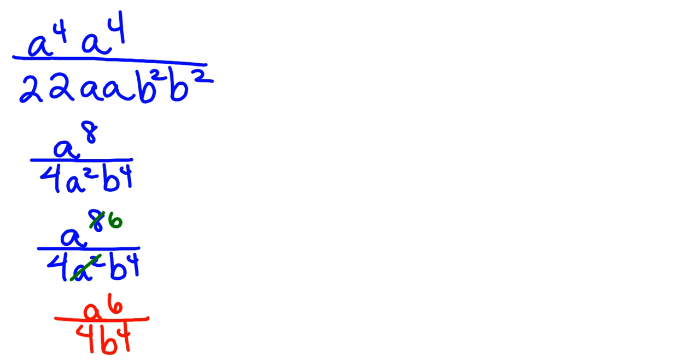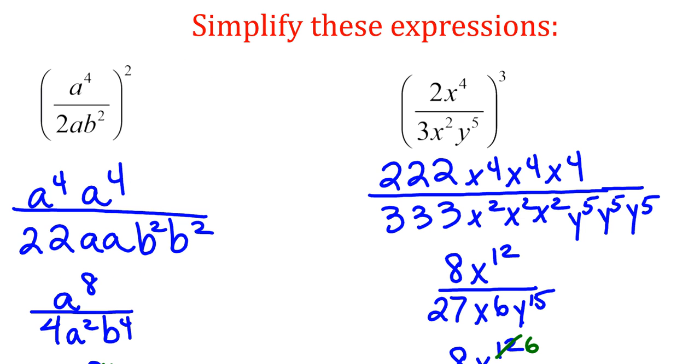Our second expression, we had 3 sets of the inside. And so we're looking for greatest common factors to divide out. I can see clearly I have some x's, but how many could I do? So let's try cleaning this up a little bit. 2 times 2 times 2 is 8, and 3 times 3 times 3 is 27. If I have 4 x's being multiplied together, and I have 3 sets of those, it's a total of 12.